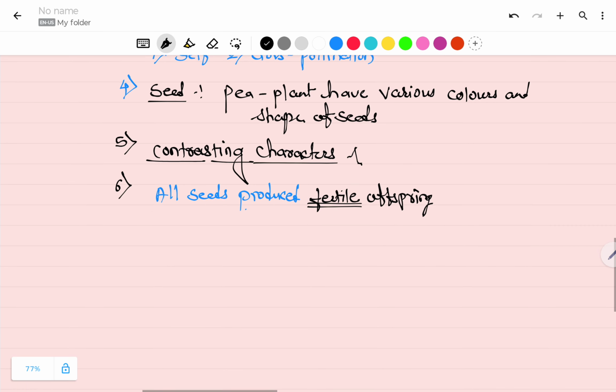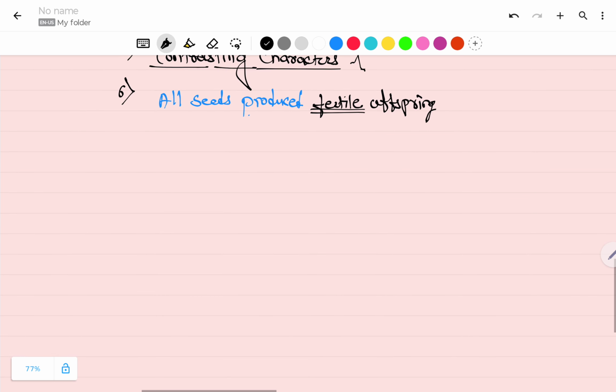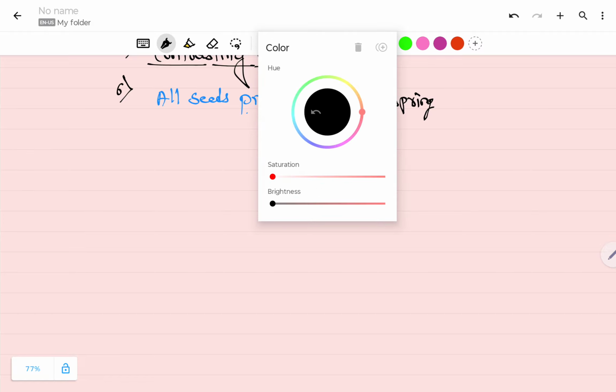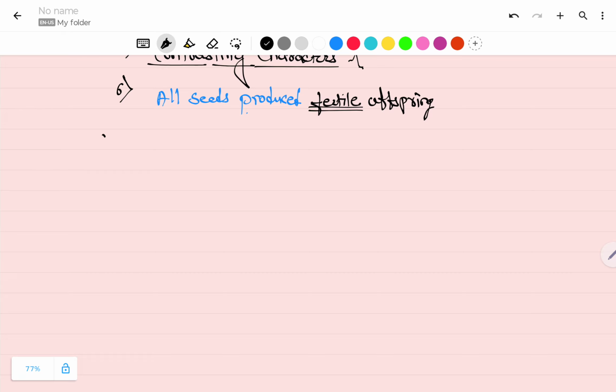Now, which 7 contrasting characters did Dr. John Mendel observe in the pea plant? We are discussing these 7 contrasting characters.